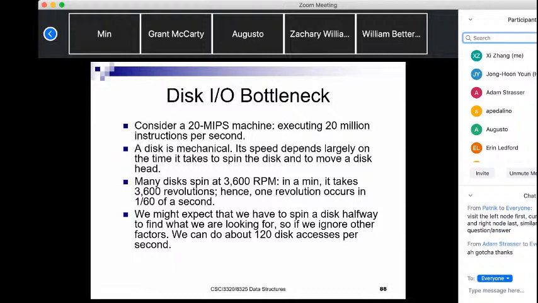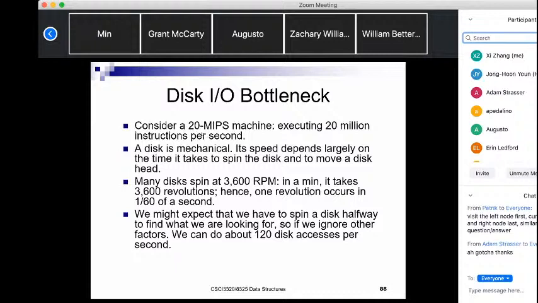But for disk operation, we assume the disk can spin 3,600 rotations per minute. In the last slide, I thought I used the second as a unit, but it's a minute. So 3,600 rotations per minute.